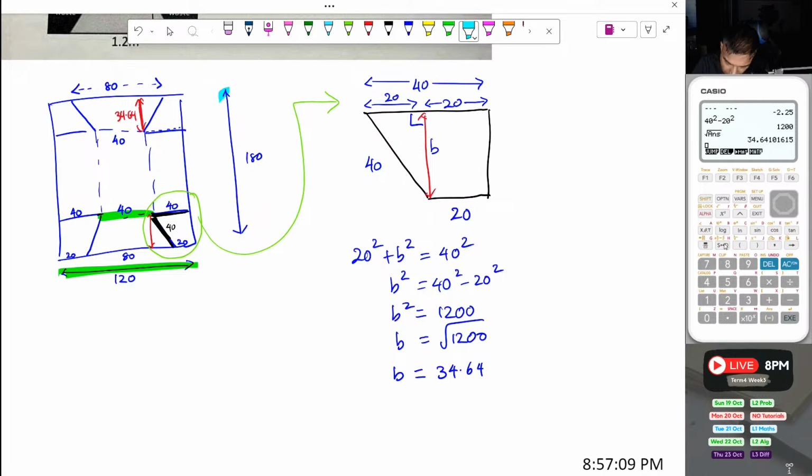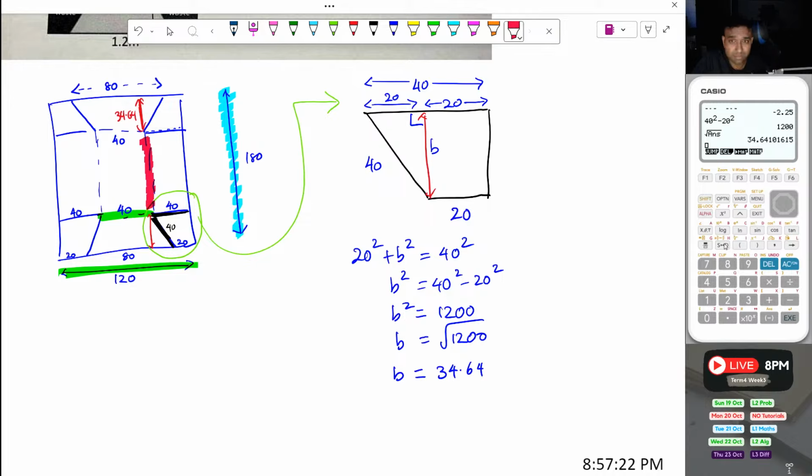Now I need to work out, let's use the blue one. Remember, this blue part is equal to 180. Then I need to figure out what this red highlighted line is, because that's the base of the shape we have. To figure that out, I'm going to go 180 minus 34.64 from the top, minus 34.64 from the bottom, because remember this is 34.64 as well.